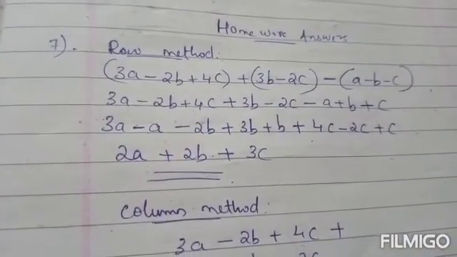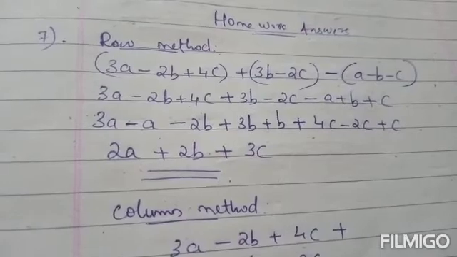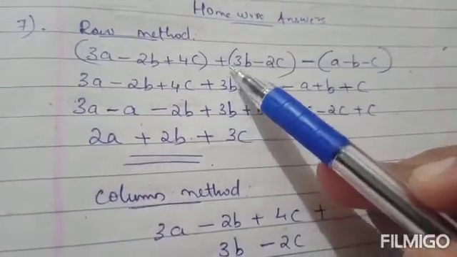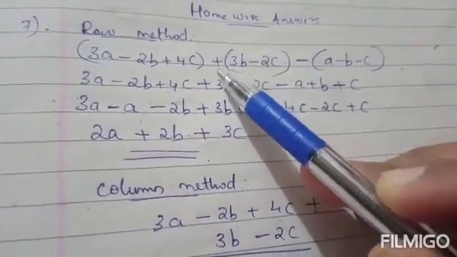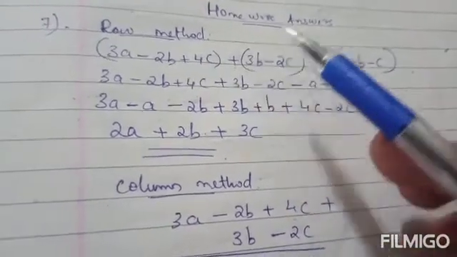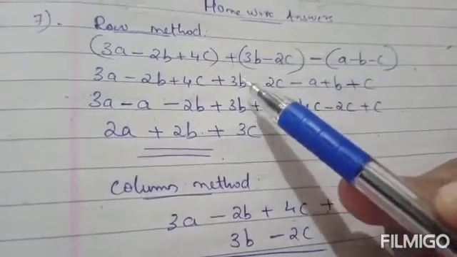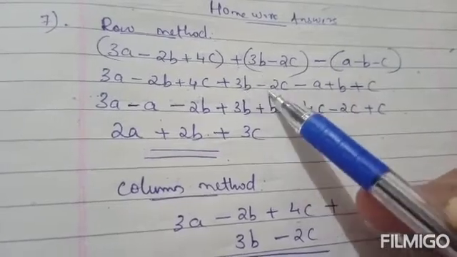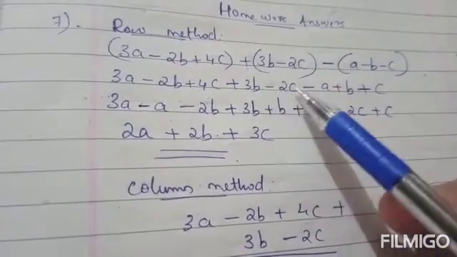Okay, now before the second bracket also there is no negative sign, it is plus sign. So you can write the second bracket also as it is. So 3b minus 2c. Okay, plus 3b minus 2c.